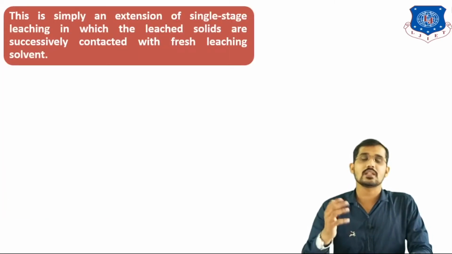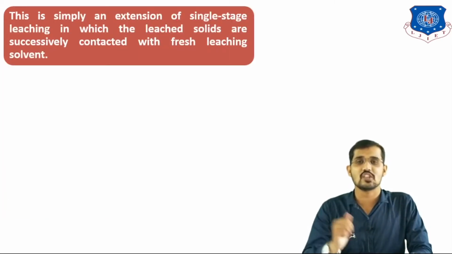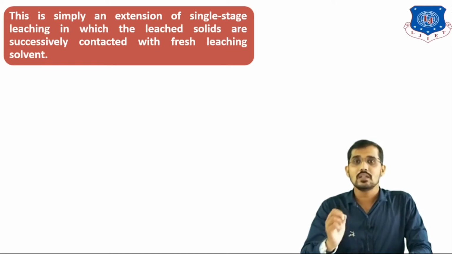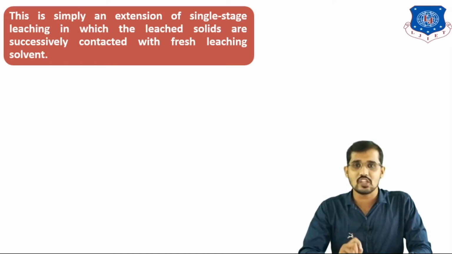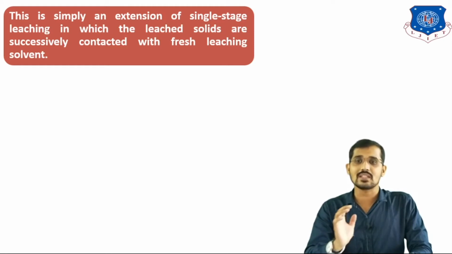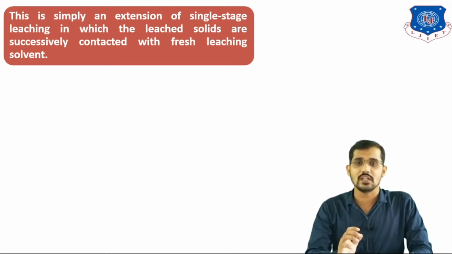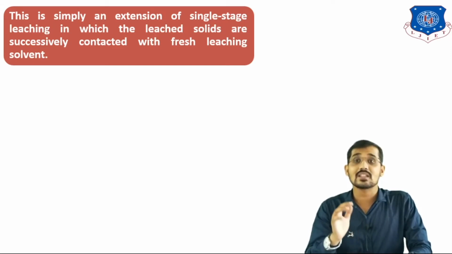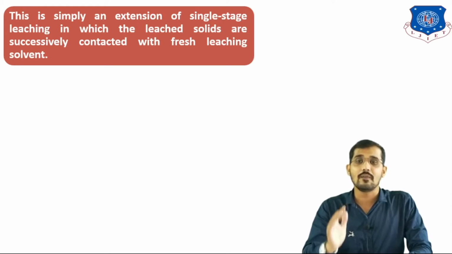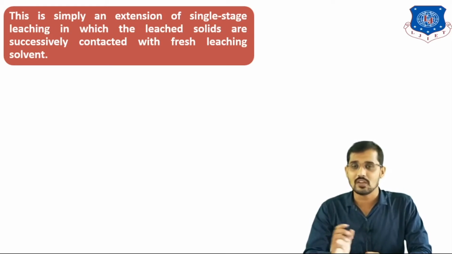Now we will see some important points of multistage leaching. You can see on the screen, this is the first point for multistage leaching. This is simply an extension of single stage leaching, in which the leached solid, that is the underflow, is successively contacted with fresh leaching solvent. What is the meaning of this line?